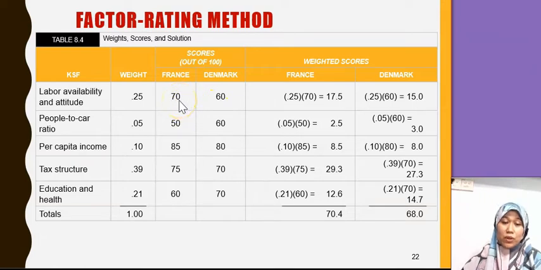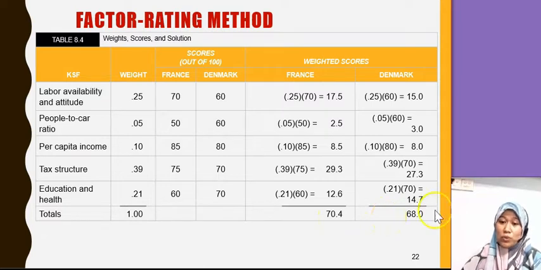So what you have to do is just weight times score. So 0.25 times 70 dapat 17.5, and then you do it for all for France, and then you do all for Denmark, and then you sum. After you darab weight dengan score, you sum all the scores, dapat 70.4 untuk France and Denmark 68.